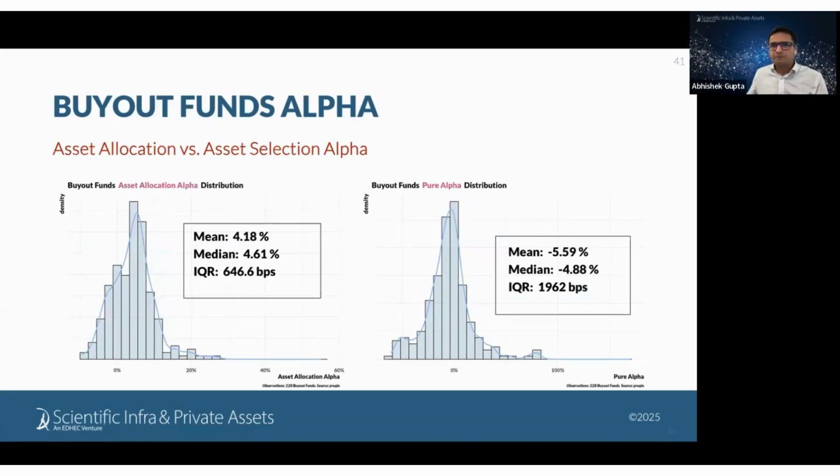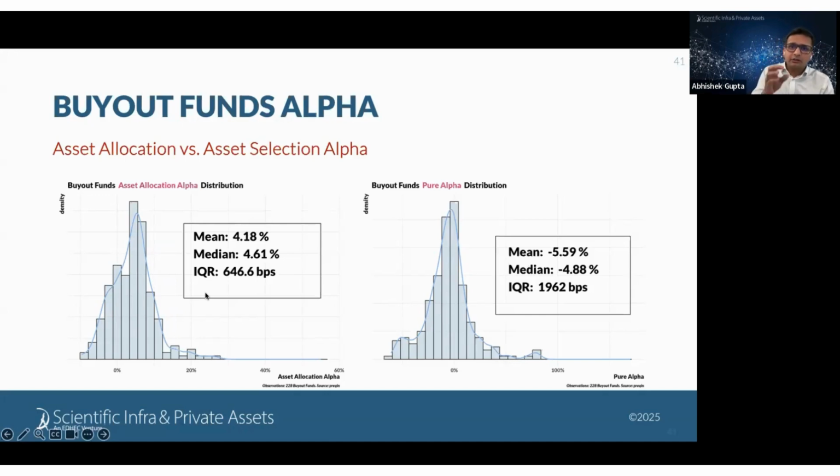How does it look? In buyouts, we get an average asset allocation alpha of about 4.6%. And pure alpha, that is due to investment selection and timing, is actually negative, about minus 5%, both mean and median. That means picking the good investments and timing the cash flows is a much harder thing to generate return with rather than asset allocation.